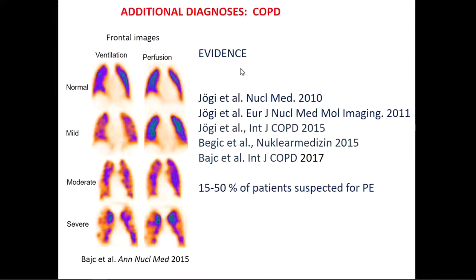But later on, it is mostly the Lund group and Marika Bikes group who are pursuing this field, not only to diagnose COPD, but also to grade it from normal to severe COPD. And it's a very common additional diagnosis, as Marika emphasized.